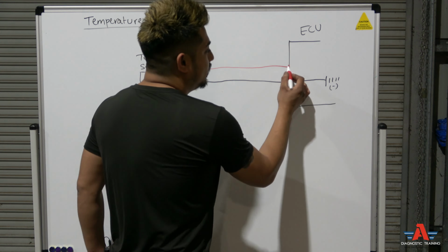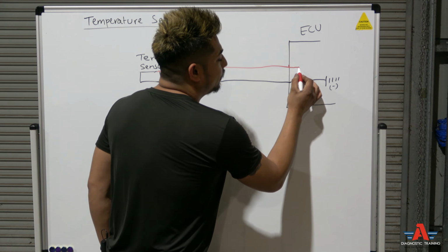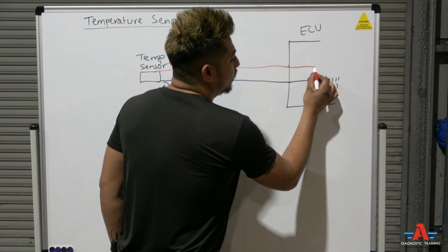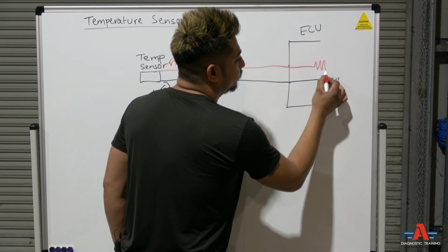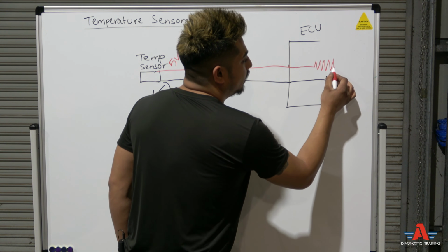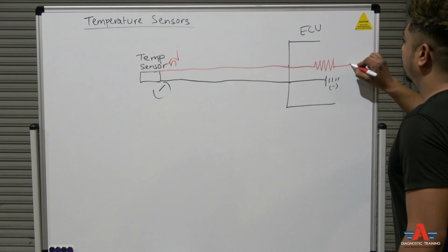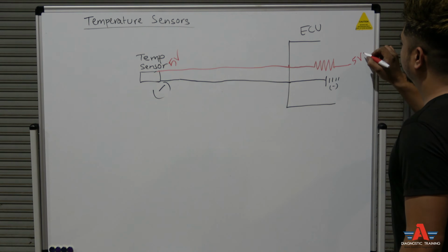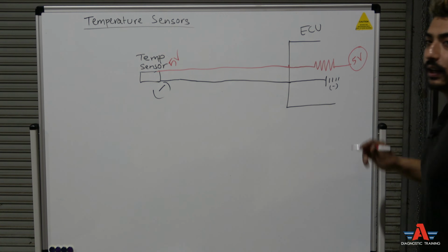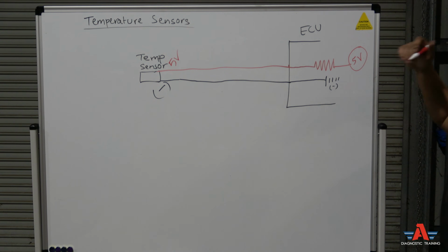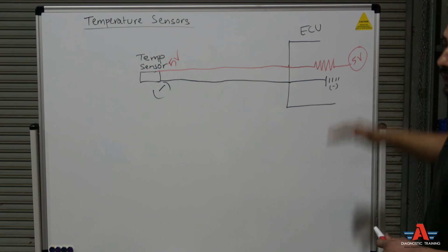What's going to happen is it's going to go in through a resistor, and then it's going to have a 5 volt source in there, some kind of regulator, a 5 volt source inside the ECU.